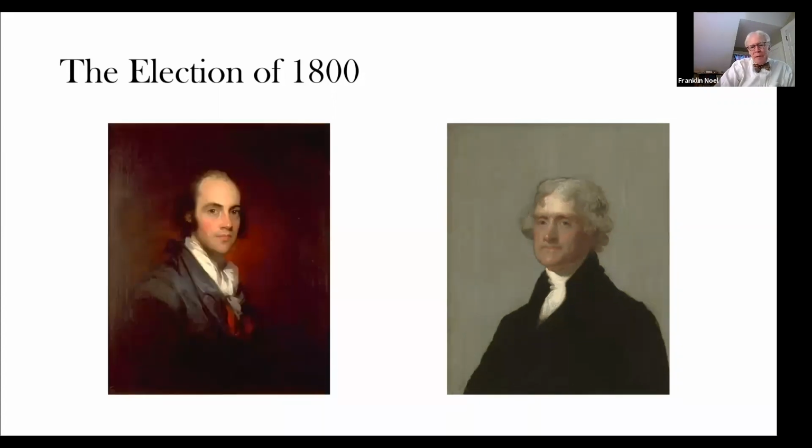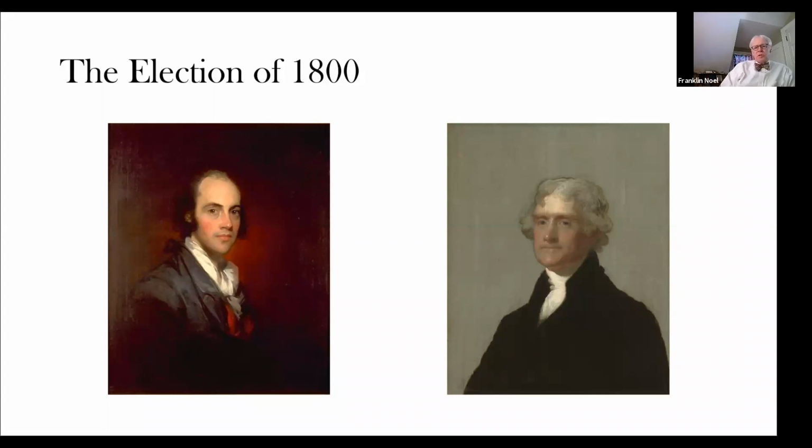As it happened, the race turned out to be between Thomas Jefferson and his own running mate, Aaron Burr. It was a tie. As the presidential electors did not identify which of their 2 votes was for president and which was for vice president, the Republican electors ended up casting half their votes for Jefferson and half for Burr, resulting in a tie between Jefferson and his own running mate.